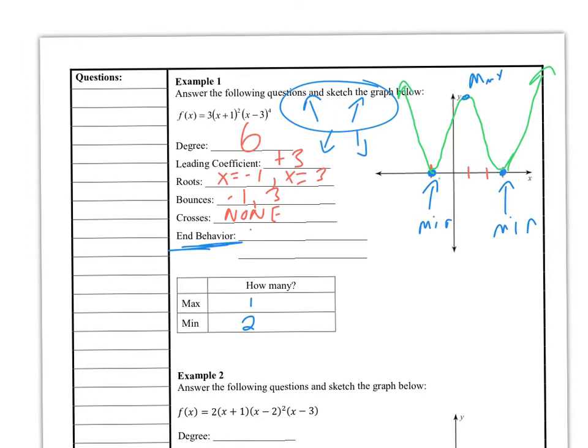The end behavior: as x approaches negative infinity, y approaches positive infinity, and as x goes to the right forever, y goes up forever, positive infinity. So as we go to the right forever, we're going up. As we go to the left forever, we're going up, which is why both of them are positive infinity. Moving on, let's do the next question.